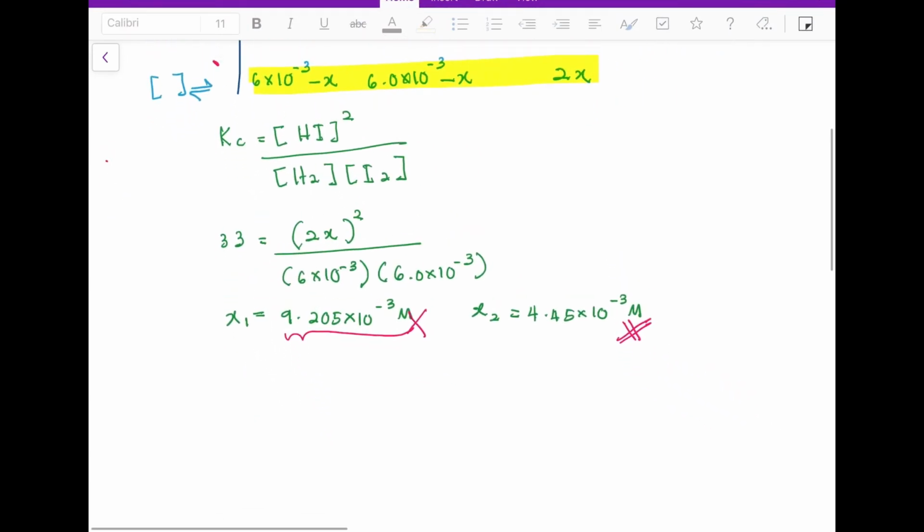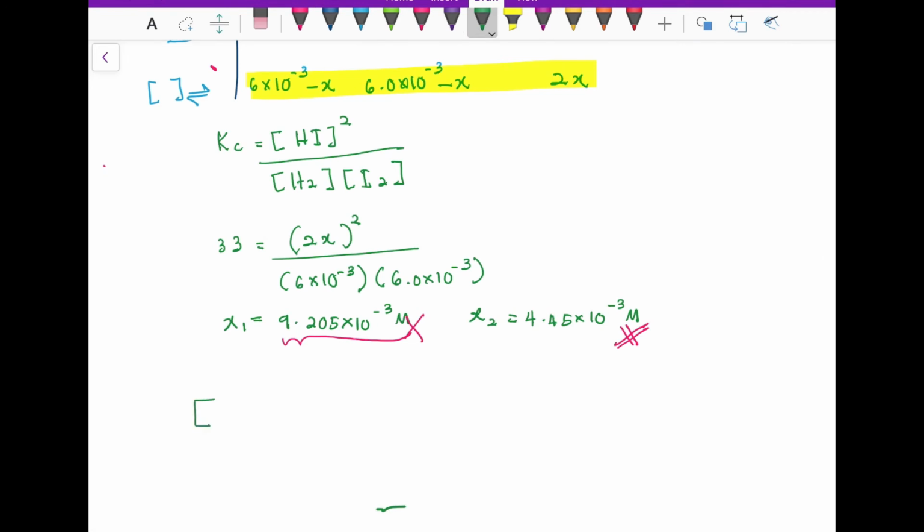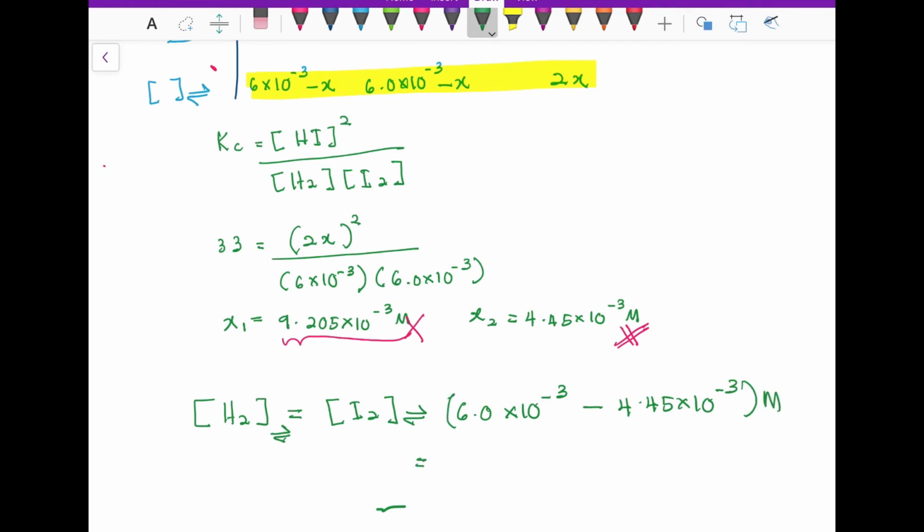So we can put the concentration of H2 at equilibrium equal to the concentration of iodine at equilibrium, which is 6.0 × 10^-3 minus 4.45 × 10^-3 molar. So the answer is 1.55 × 10^-3 molar.